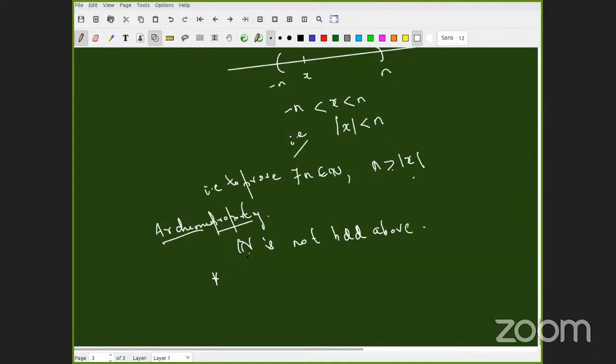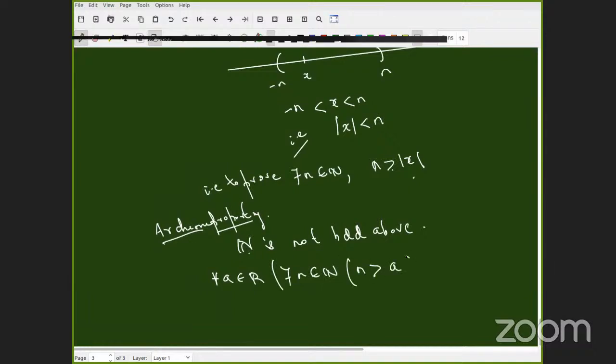Given any real number, it will not be an upper bound. So given A in R, there is a natural number N in N such that N is greater than A. Go back to the definition of bounded above and try to understand. So this is the Archimedean property.